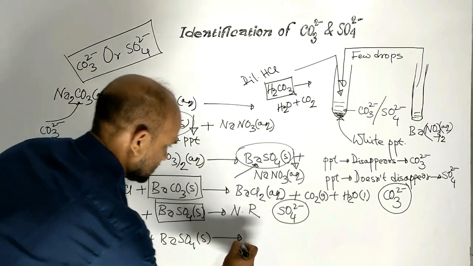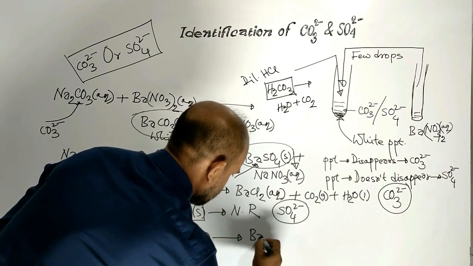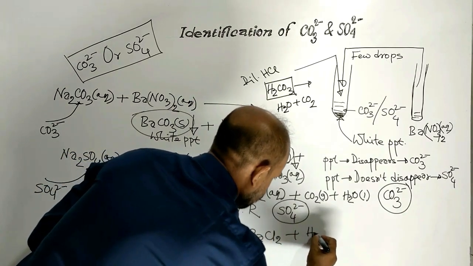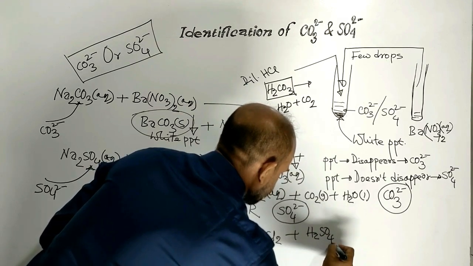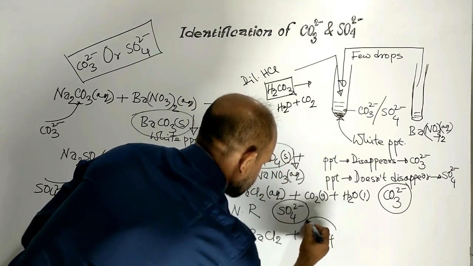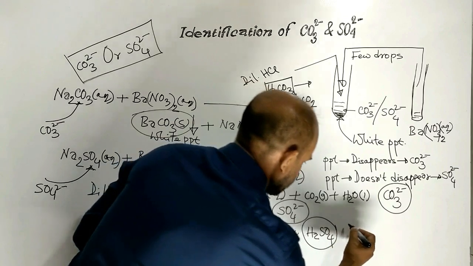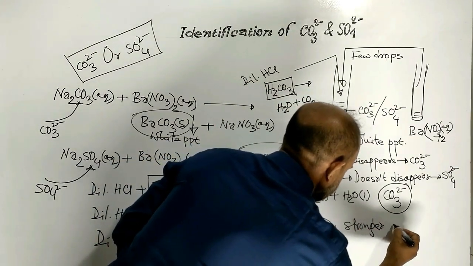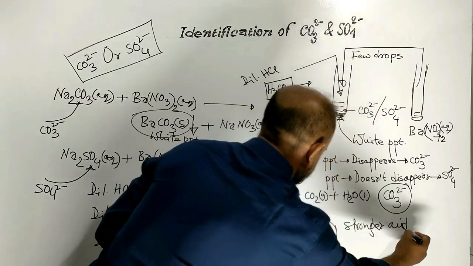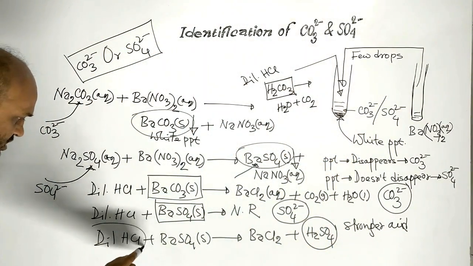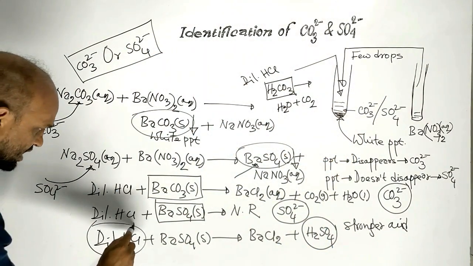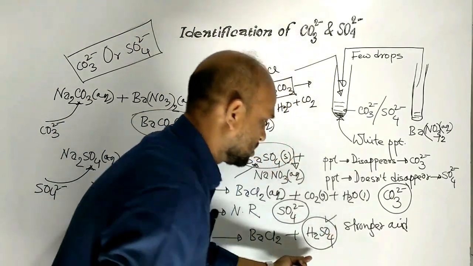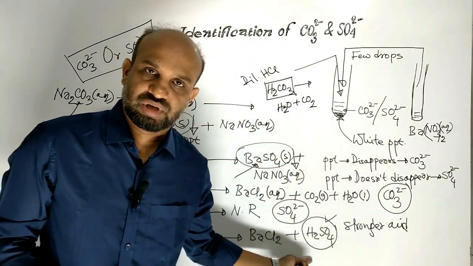Let us consider then barium chloride and sulfuric acid will be formed. Sulfuric acid is a stronger acid than hydrochloric acid. So hydrochloric acid must not produce the stronger acid, sulfuric acid.